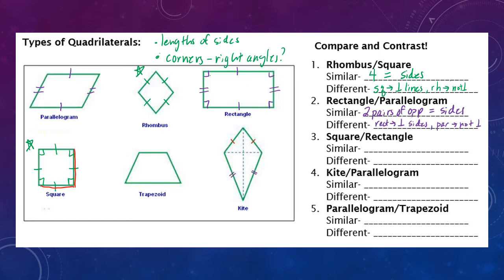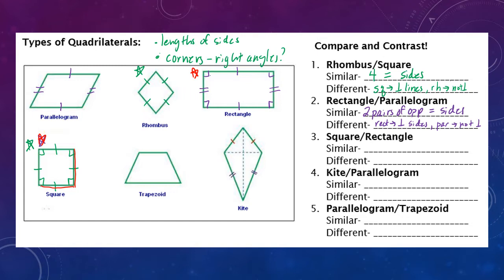All right, let's talk about square and rectangle. When I'm looking at the two pictures, let me use a different color. We'll do a red star. So the red stars, those are both the ones I'm looking at now. The way that they're different is that a square has four equal sides, and the rectangle has two pairs of opposite equal sides.